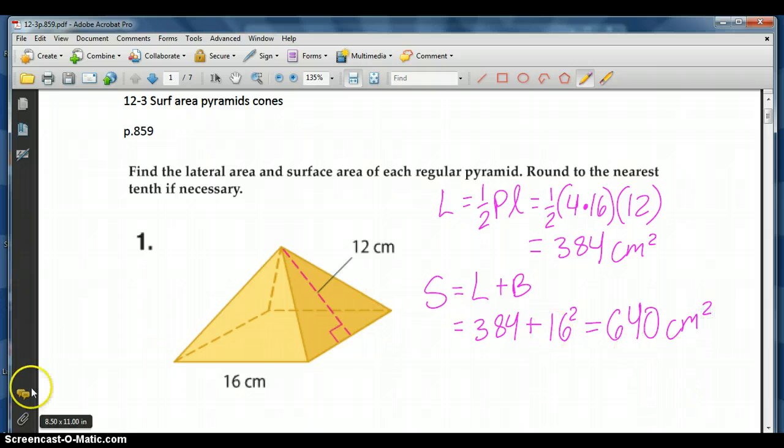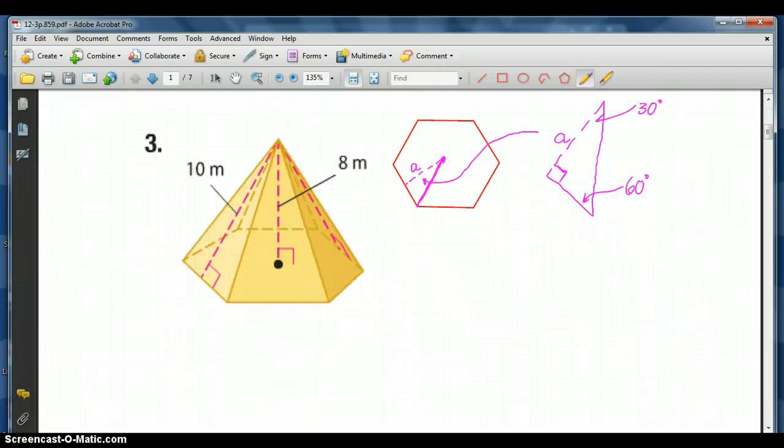square centimeters. On number 3, we have a hexagonal pyramid. So we want to find the lateral area. Lateral area is half of the perimeter of the base times the slant height. We know the slant height is 10, but we need to find the perimeter of this hexagon. So to do that, first we need the apothem.